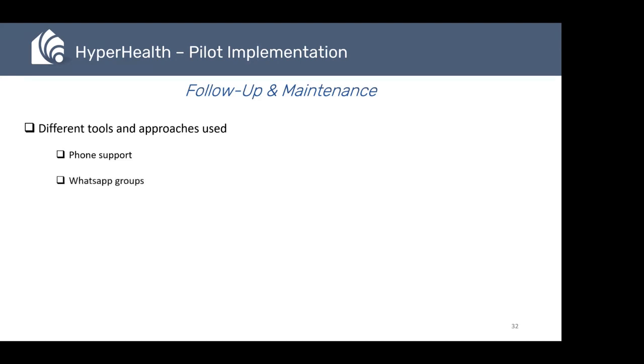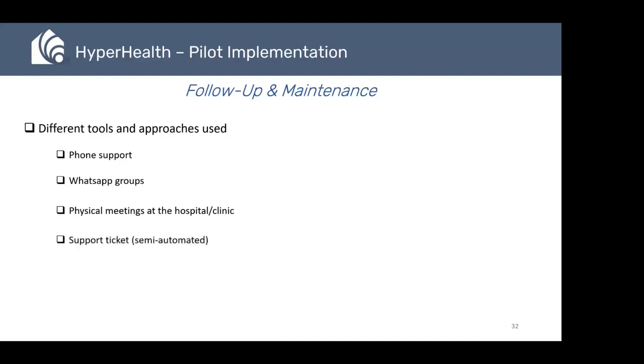We use phone support and we use a WhatsApp group. We also held physical meetings to remind people of the basic functionalities, like brief training and iteration training sessions, and also to solve their ad hoc technical issues.